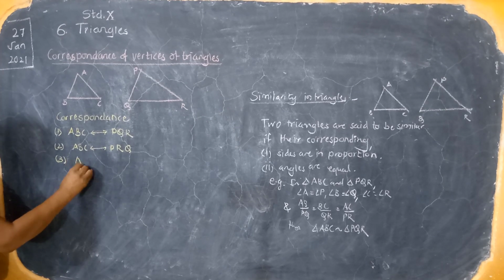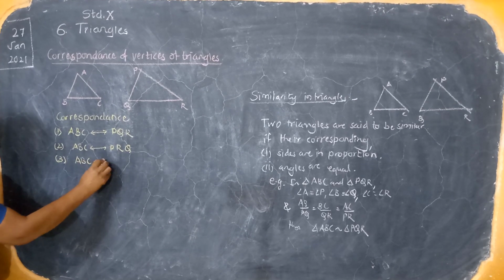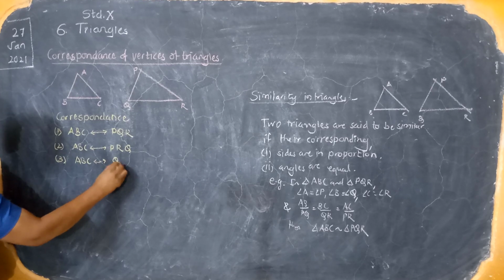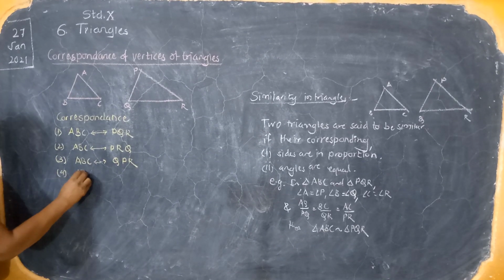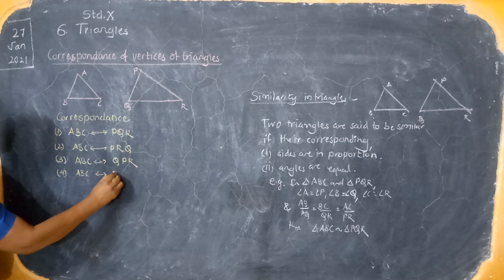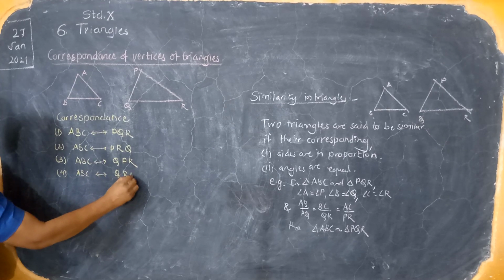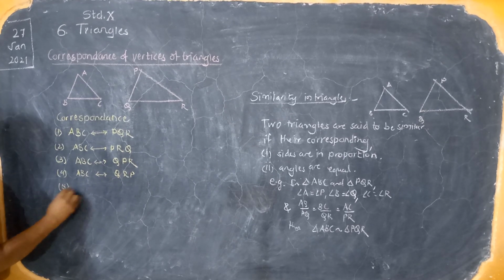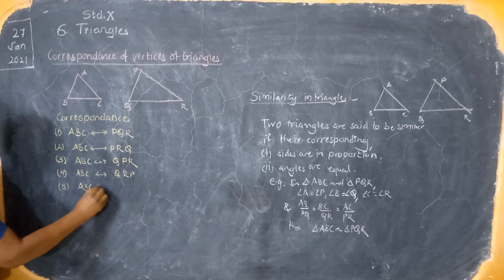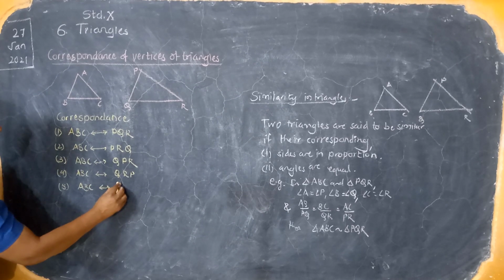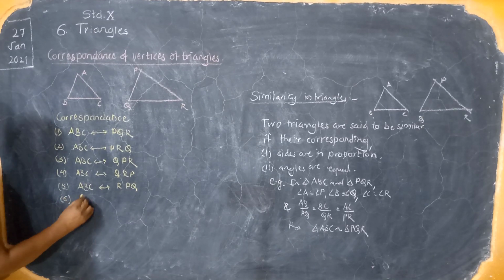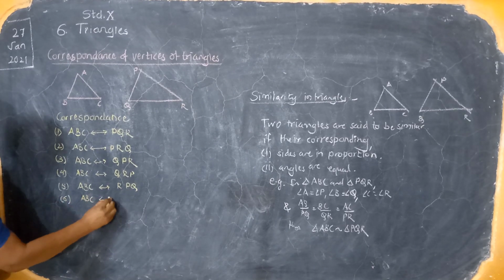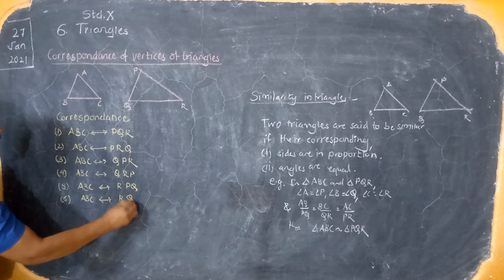Third, ABC corresponds to QPR, fourth ABC to QRP, fifth ABC to RPQ, and sixth ABC to RQP.